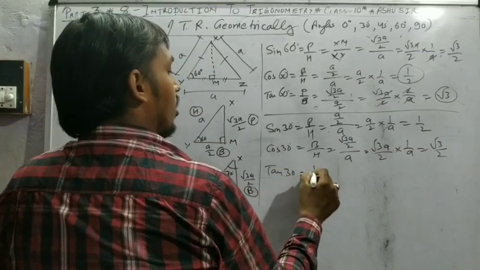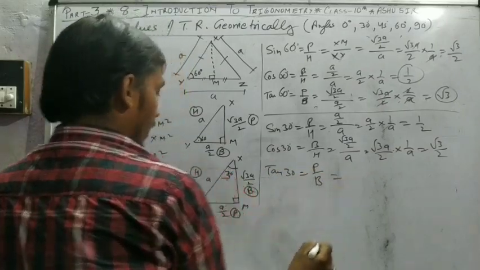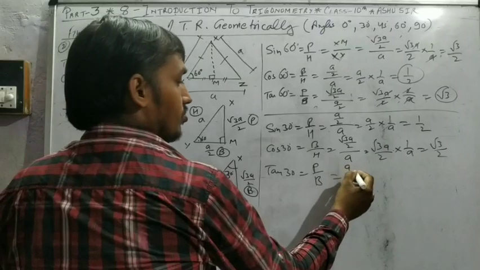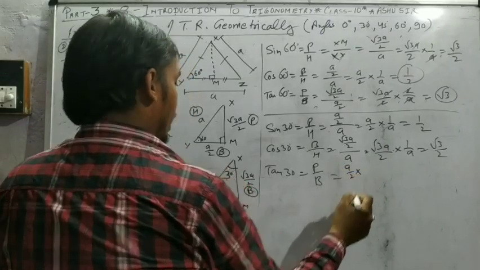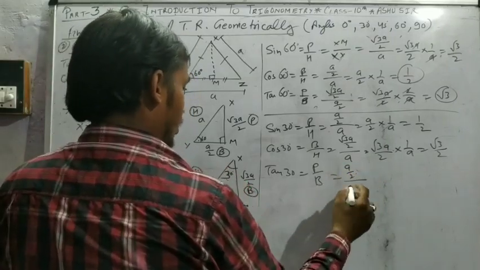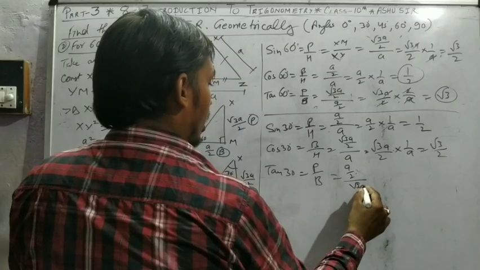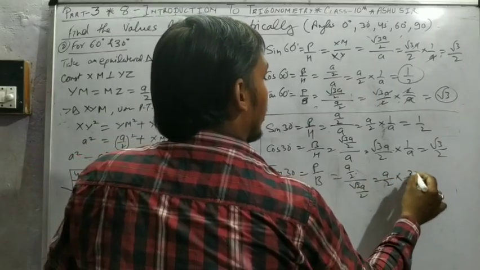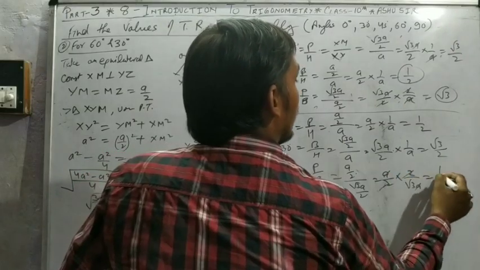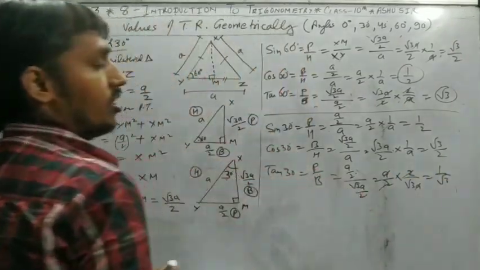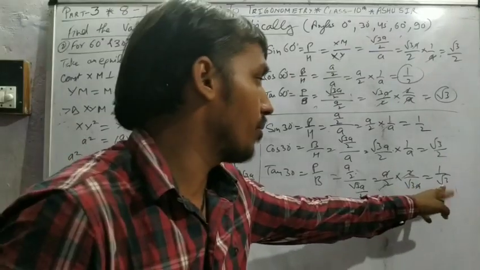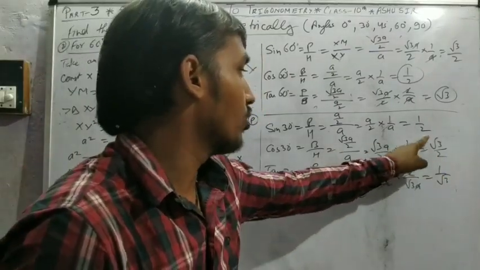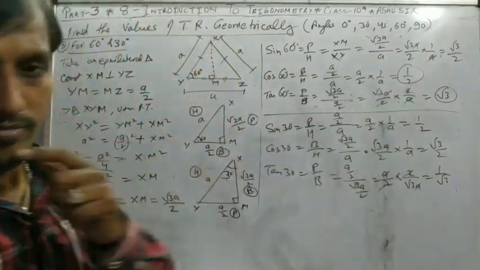Tan 30, P by B, P is a by 2 and B is root 3 a by 2: a by 2 into 2 by root 3 a, 2 cancel, a cancel, 1 by root 3. Same for cot, root 3 by 1, sec 2 by root 3, cosec 2 by 1.